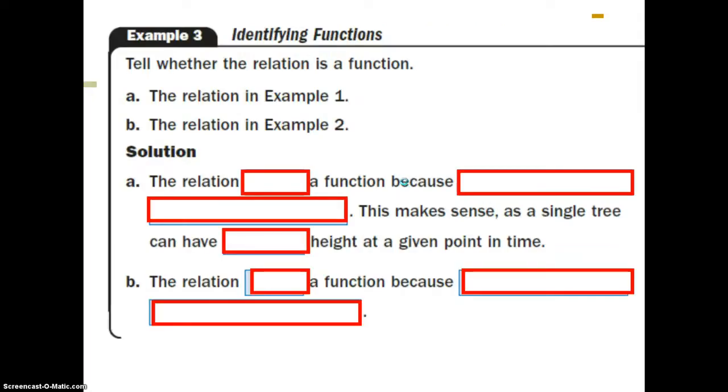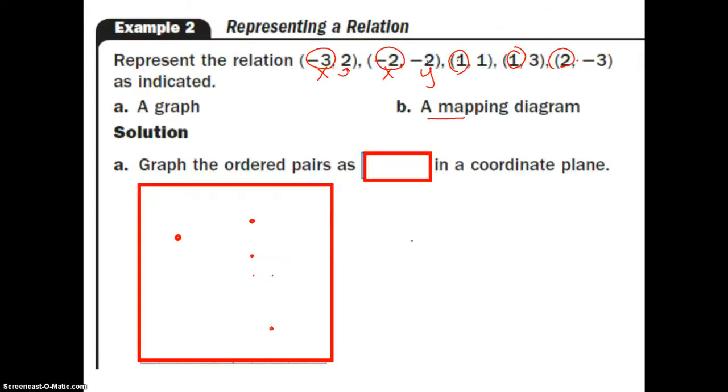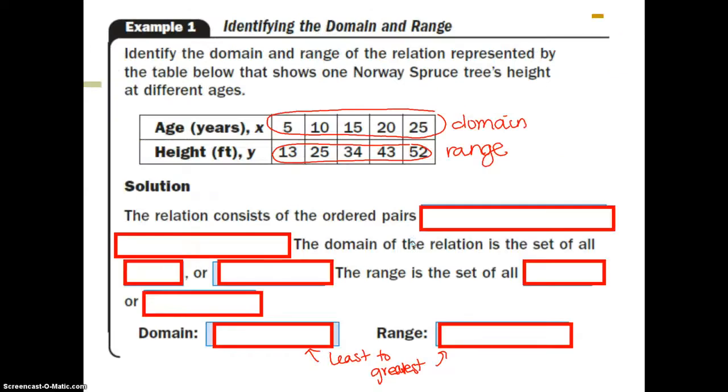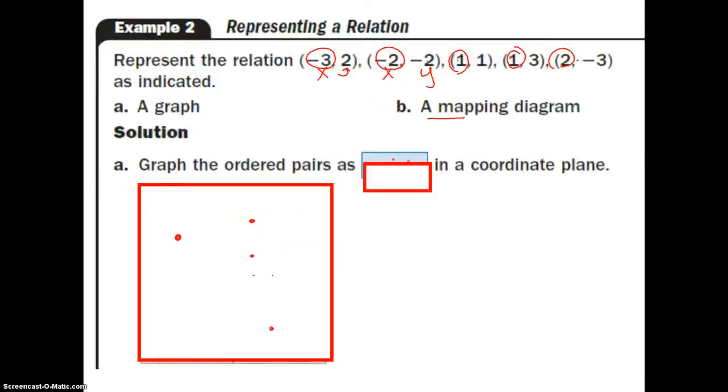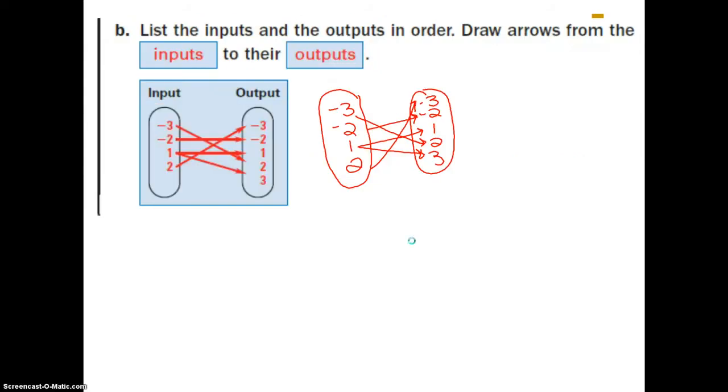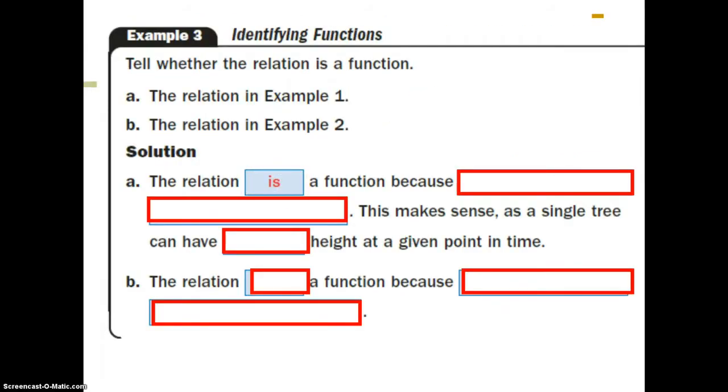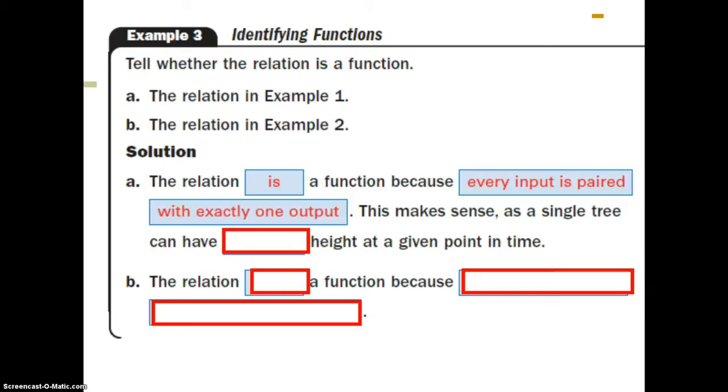Let's identify functions. Tell whether the relation is a function. The relation example 1. Okay, if we go back to example 1, we're looking to see if one input, and that's what they're going to explain here, it is a function because every input is paired with exactly one output.